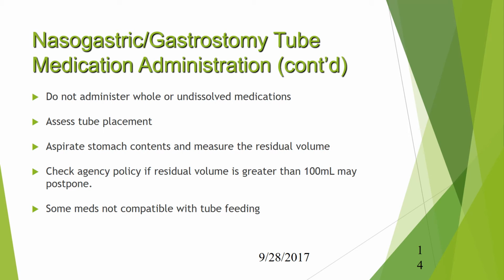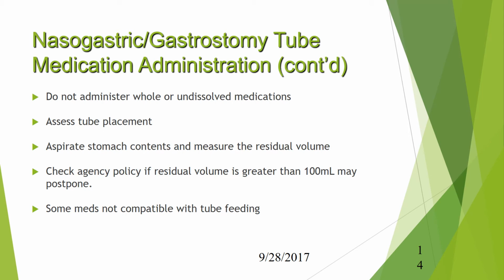We are going to assess tube placement. Both of your books talk about that, aspirating stomach contents and measuring residual volume. If they're on a continuous tube feed and you aspirate their contents and you get back 200 milliliters of tube feed, you know you're in trouble. You know it's sticking in the stomach, and that if you put the meds in, they're not going down either.